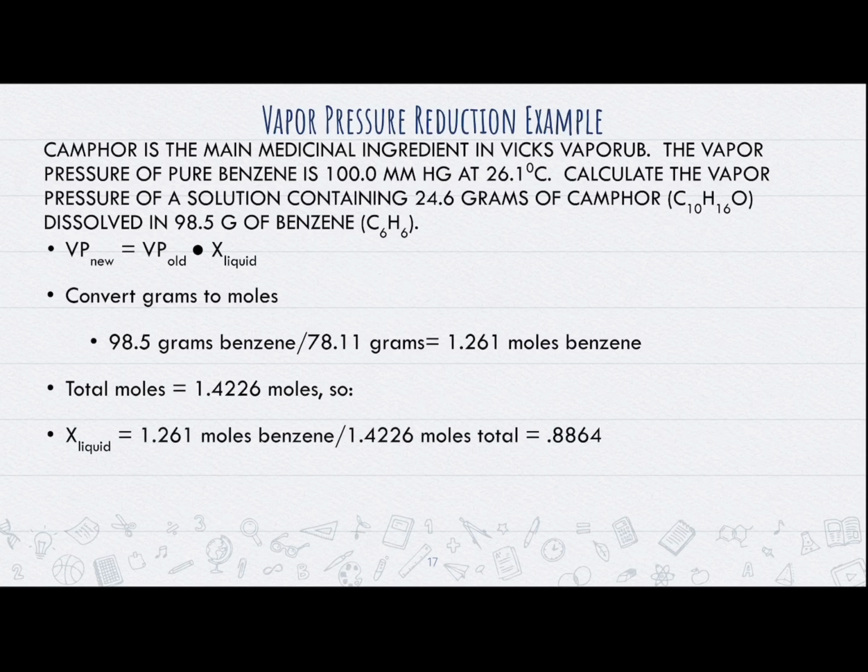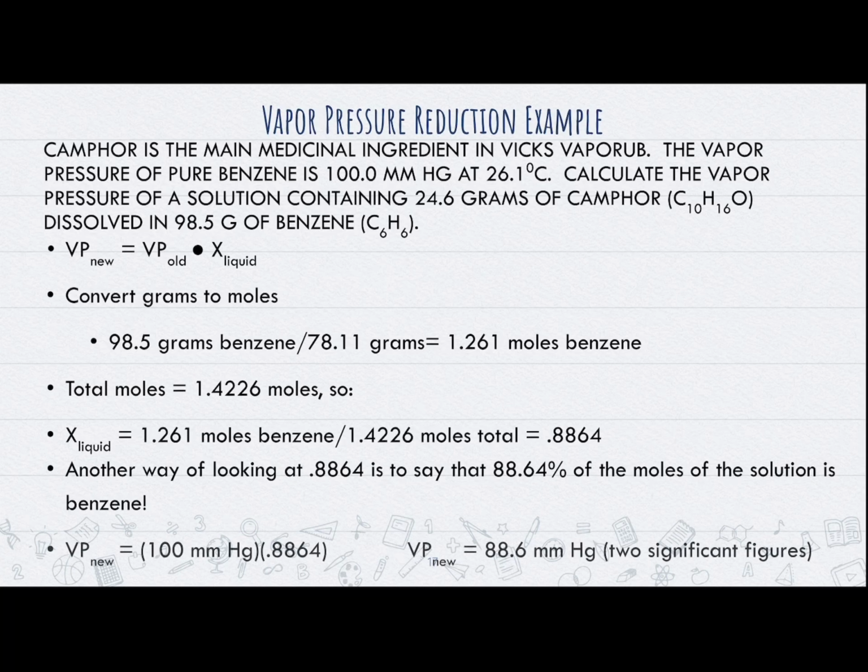So my fraction would look like this. That gives me 0.8864. That is X. I can now plug that back into my formula, and it looks like this here at the bottom. 100 times 0.8864 gives me my new vapor pressure as 88.6.